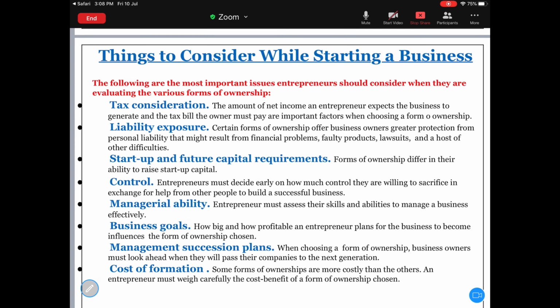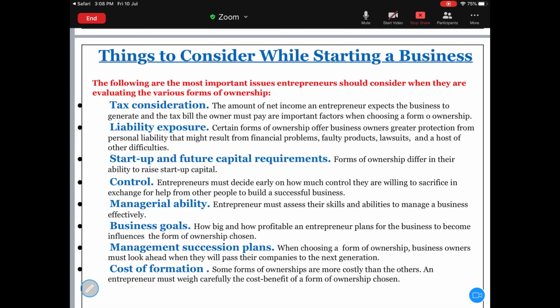It means that while we are considering a business ownership, we should see whether there are any lawsuits, or any product problems or deficiencies, or maybe certain financial problems, and what other difficulties we may come across if we accept or start this business.